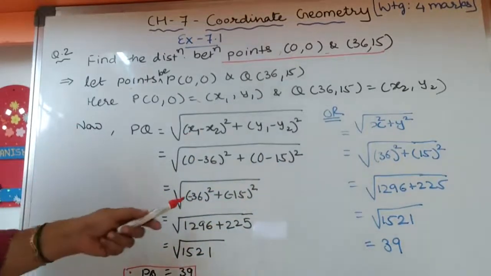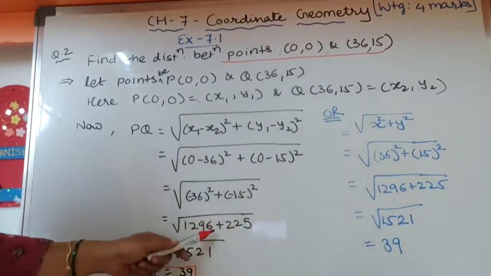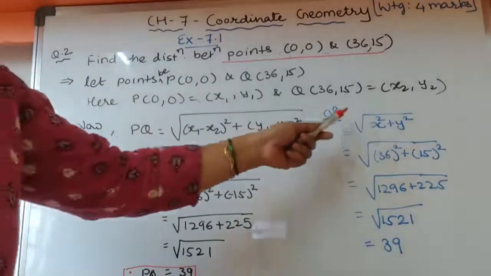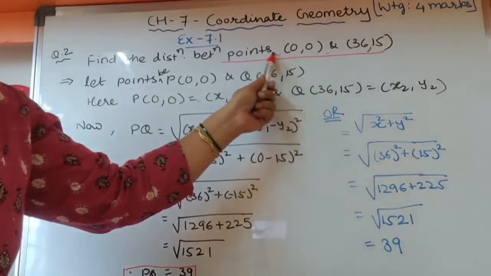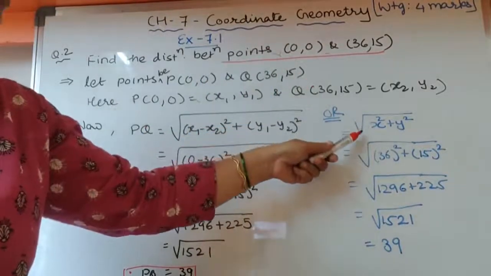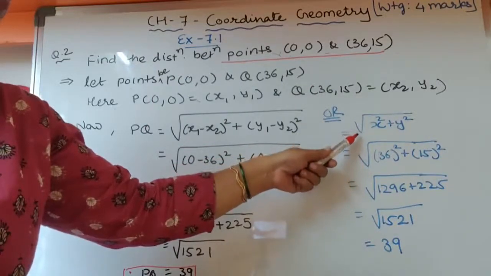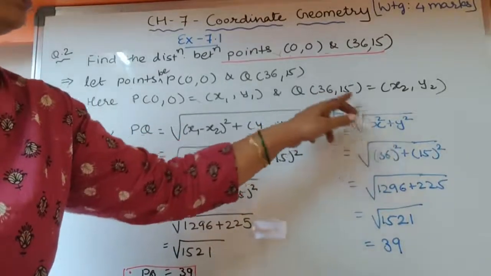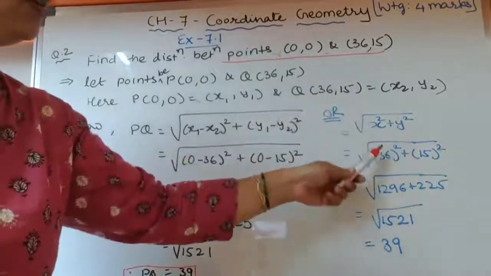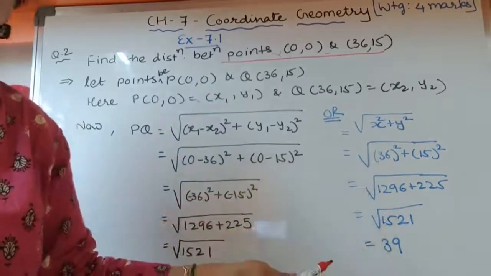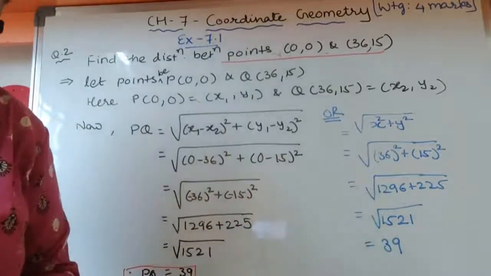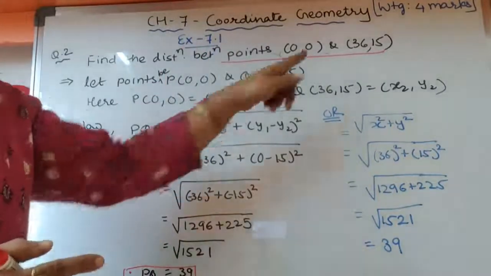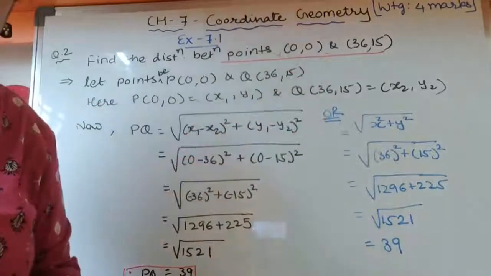Then squaring 36, squaring 15, and adding, finally I got 39. If I directly put it, as the origin (0, 0) is given, can I directly use the formula root x square plus y square? Yes. Here x is 36 and y is 15, and therefore this method is also right. Either this method or that method you can apply when you have to find the distance between the origin and any point. Is it clear?